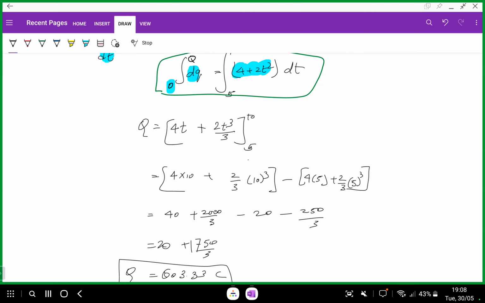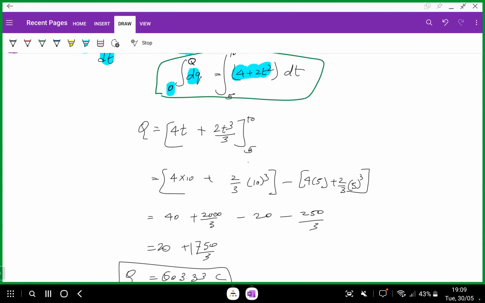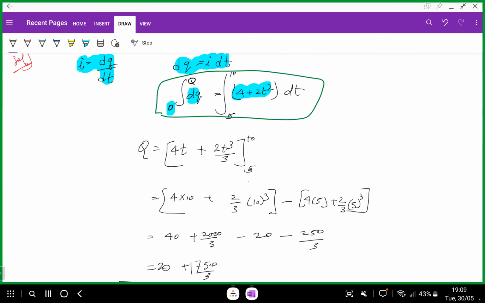What about Veda? Do your calculation by yourself. Don't just copy the calculation.